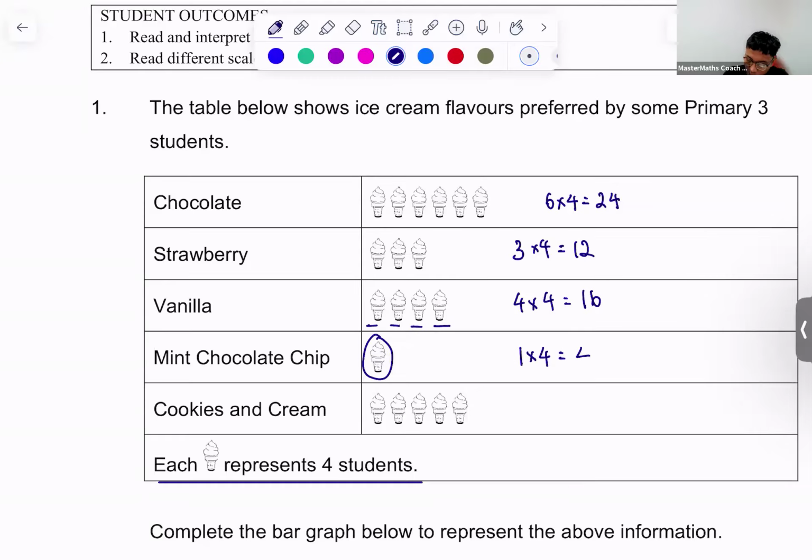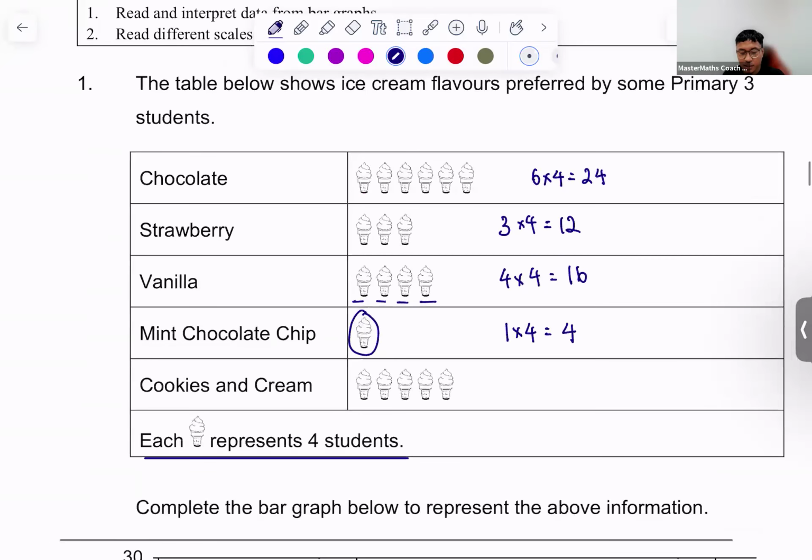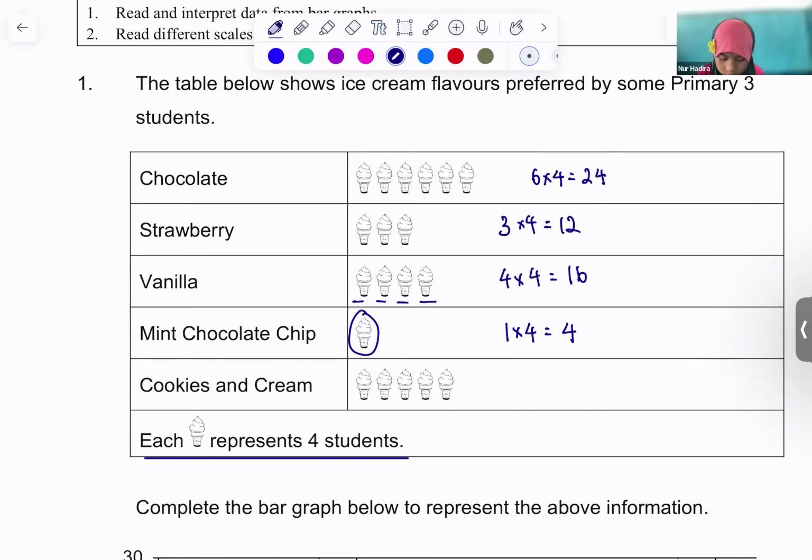This gives us 4 students. How about cookies and cream? How many students like cookies and cream? 5. Okay, so wait, there are 5 ice cream cones. So how many students like cookies and cream? 20. Correct. So 5 times 4 equals 20.